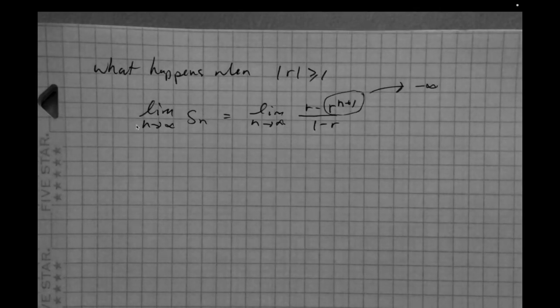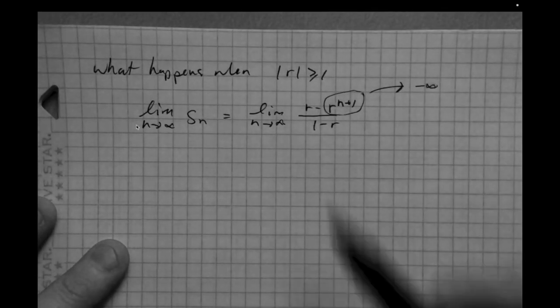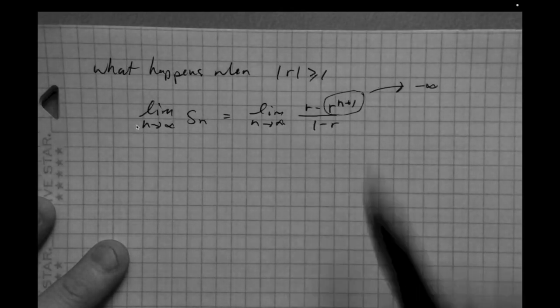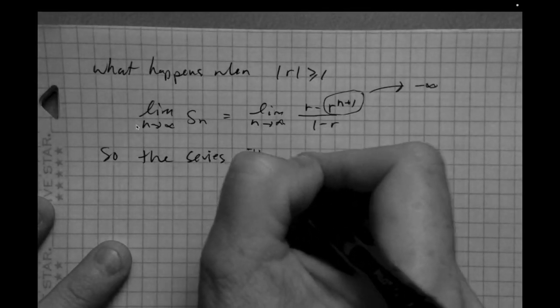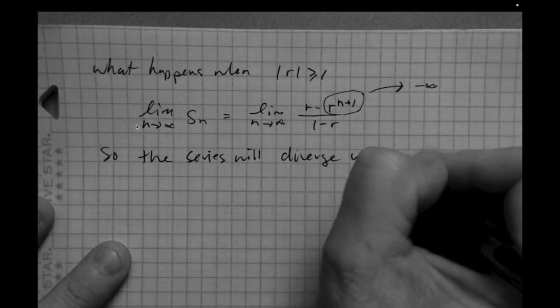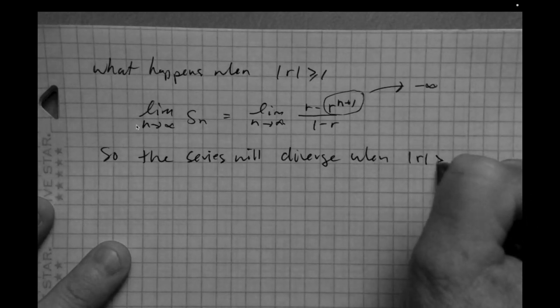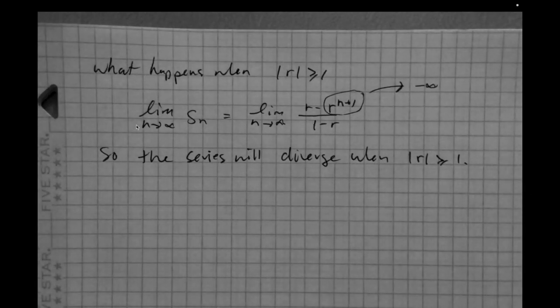So you've got r, some number, minus some huge number, and so this thing is just going to diverge to negative infinity whenever r is outside of 1 in absolute value. So the series will diverge when r is greater than or equal to 1. So it converges inside of 1, diverges outside.